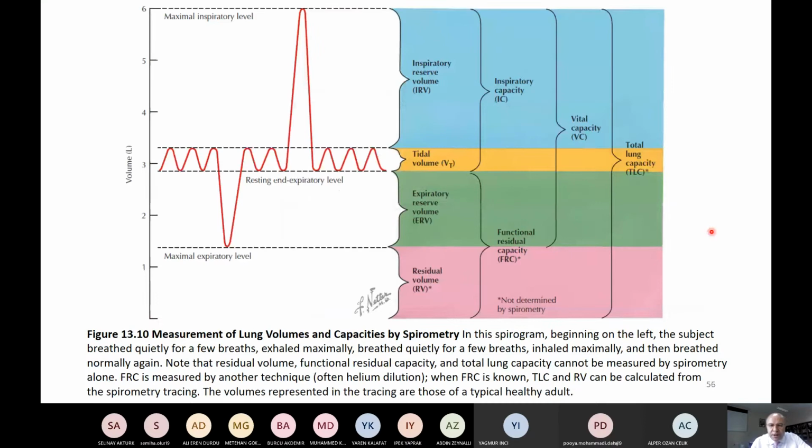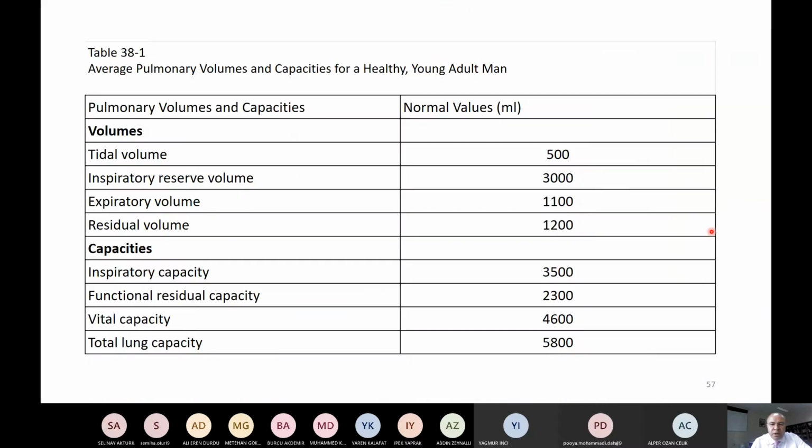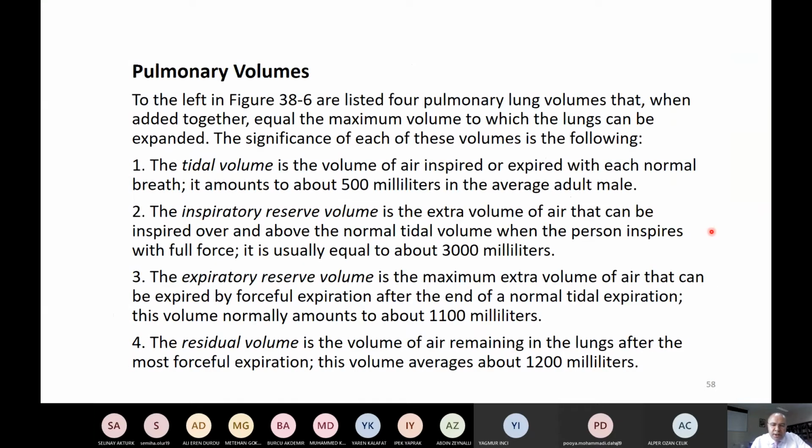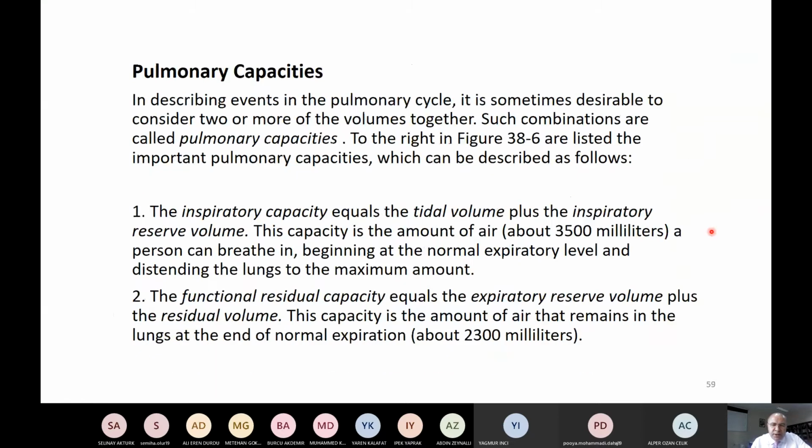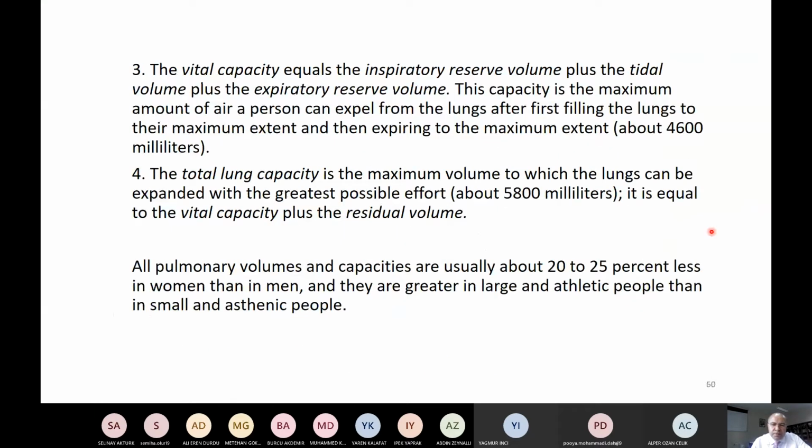All right. This is another picture giving the same information. So the amounts of these values are listed in this table: the volumes and the capacities I have just mentioned to you.